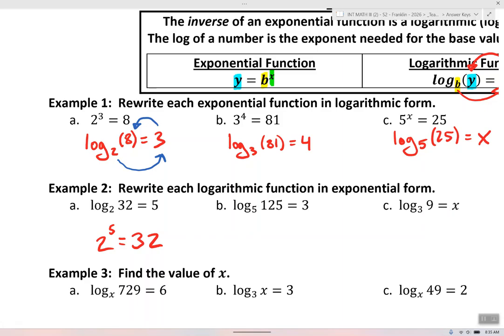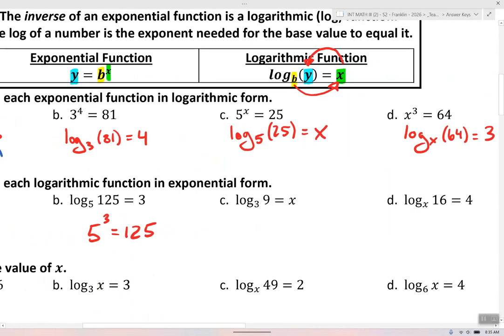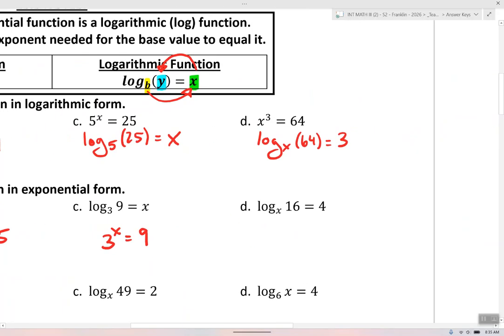Example B, log base 5 of 125 equals 3. So that's 5 to the third equals 125. Example C, log base 3 of 9 equals x, so that's 3 to the x equals 9. And finally, log base x of 16 equals 4 gives us x to the 4th equals 16.